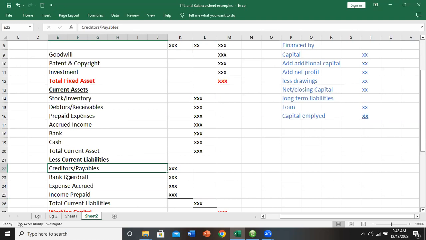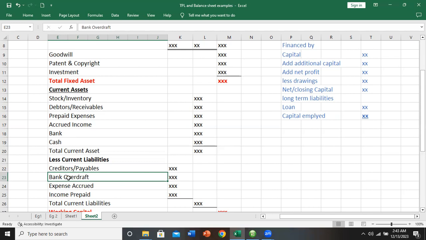The next one is bank overdraft. This bank overdraft is the opposite of the bank you see here as a current asset. This bank is money you have in your bank account. Bank overdraft means that you have withdrawn more than what you have in your account. So your account is negative.